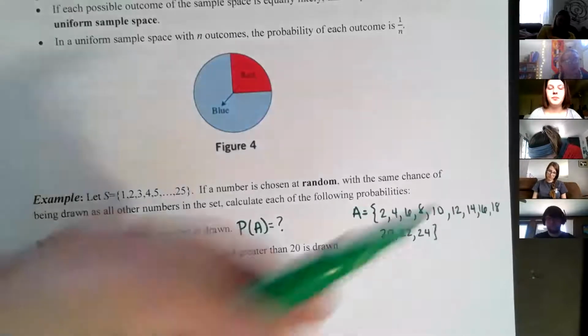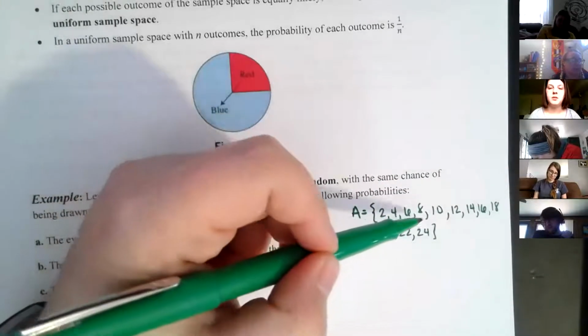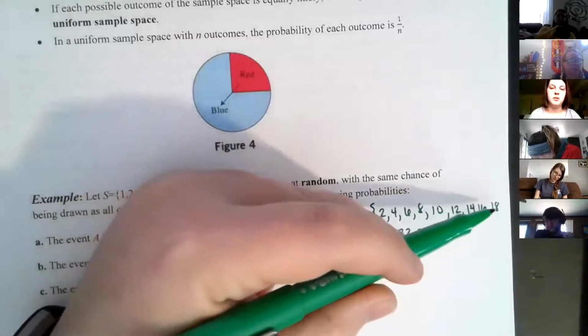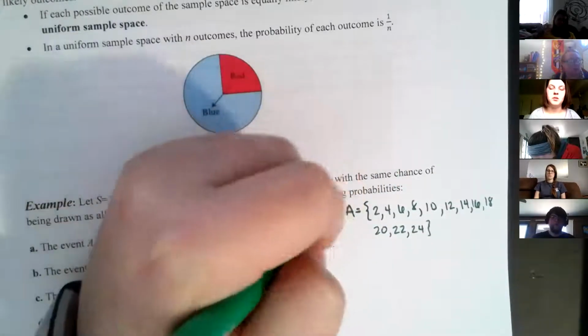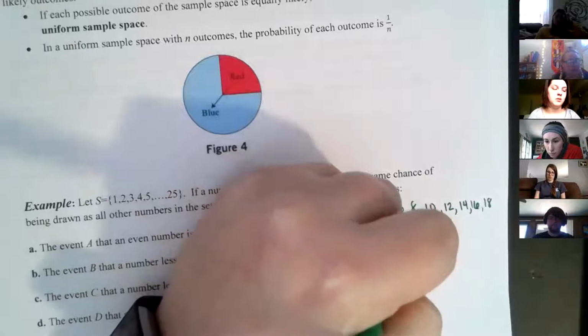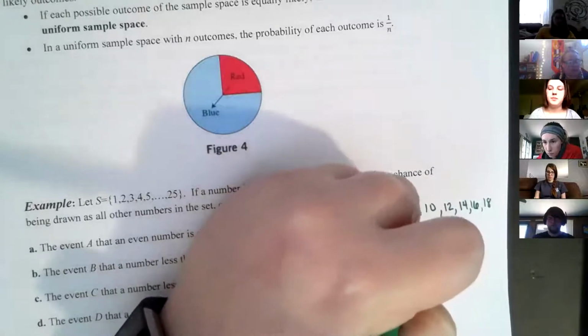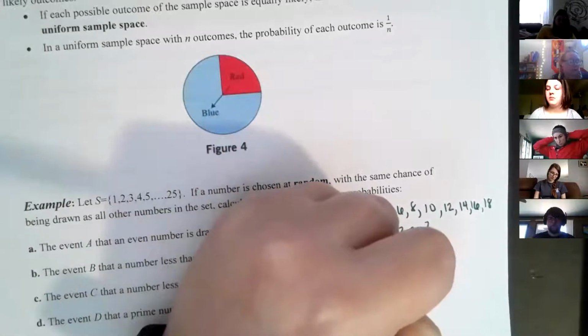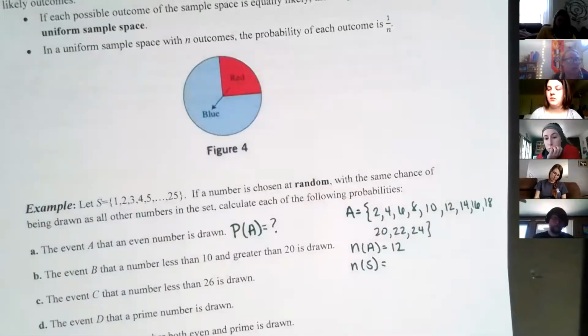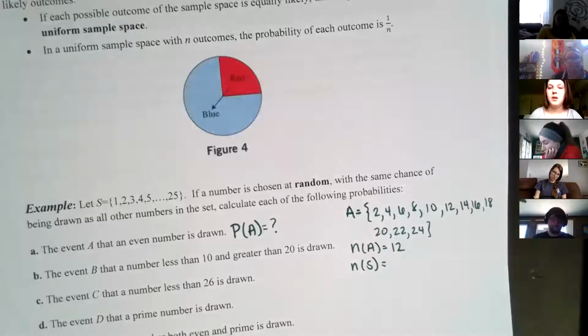So how many numbers is that? 1, 2, 3, 4, 5, 6, 7, 8, 9, 10, 11, 12. So the size of A is 12. The size of our sample space is how many? 25.